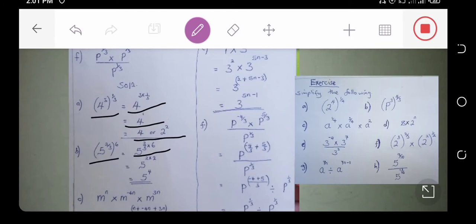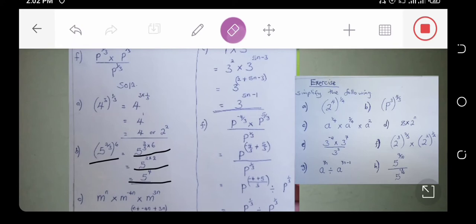Now 6 and 3 reduce each other: 3 into 6 gives 2. So there we get 5 to power 2 times 2, and therefore the answer for B is 5 to power 4. So that's how we can work out A and B.